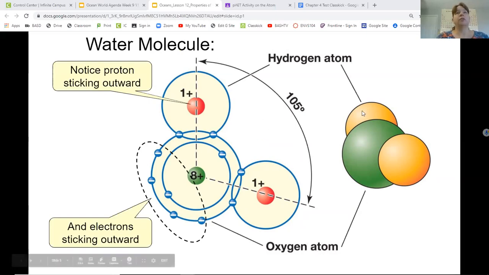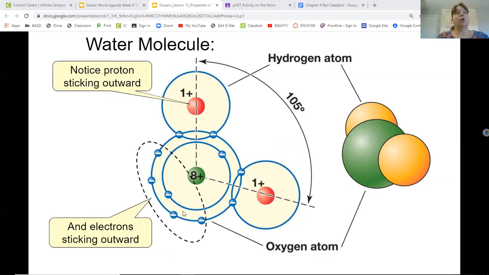So let's just look at this more closely and why this ends up in this bent shape. So you can see here that there are electrons sitting on the outside of the oxygen atom, and it's actually the protons, which are positively charged, which sit on the outside of the hydrogen atom.